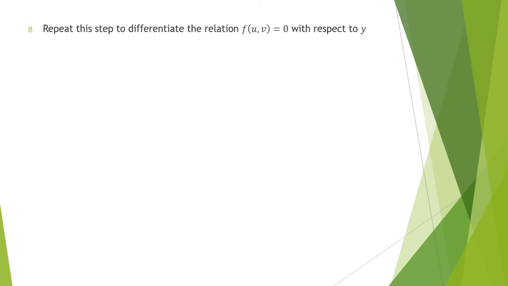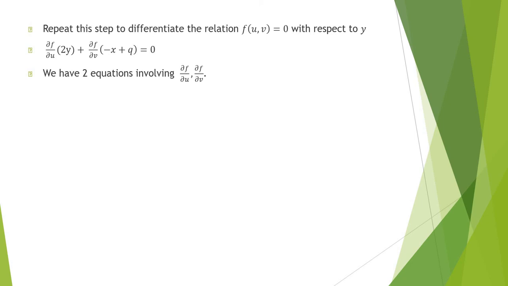Now repeat the above step to differentiate the relation f(u, v) equal to 0 with respect to y as well. Then we will get ∂f/∂u times 2y plus ∂f/∂v times (minus x plus q) equal to 0.